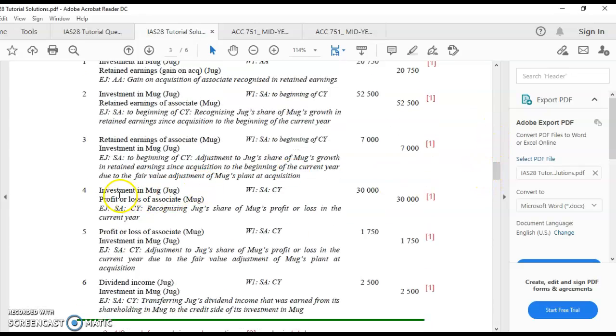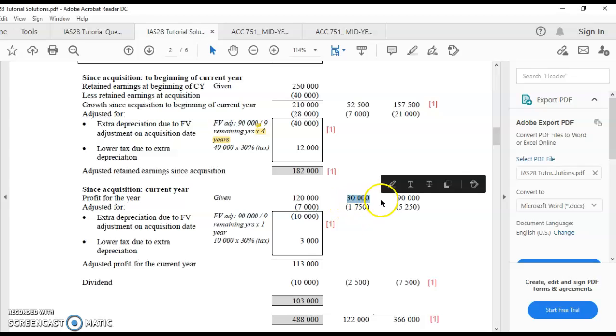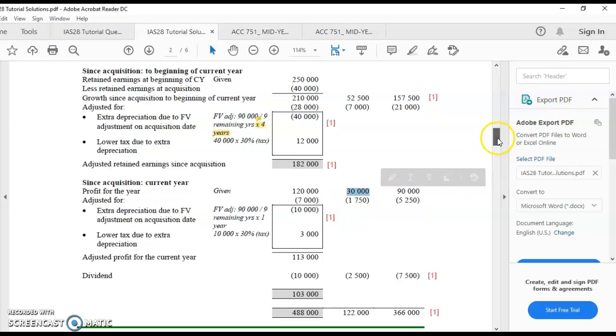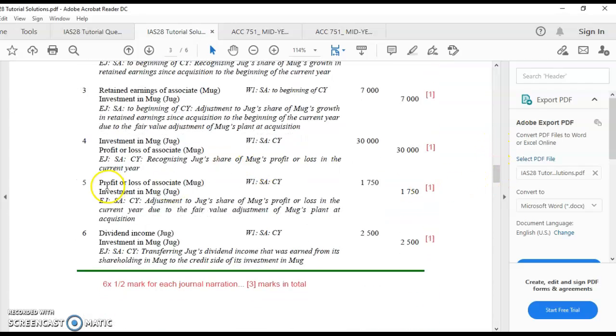Then coming to the current year, we made a profit of 30,000. So it increases the investment: debit investment in MAC. Instead of crediting retained earnings, I credit profit and loss because this refers to the current year, 30,000, and this is the 30,000 in my AOE. See that everything becomes easy if we've done the AOE. What's the next one? I debit profit and loss and credit investment in MAC. Again, it's an inverse.